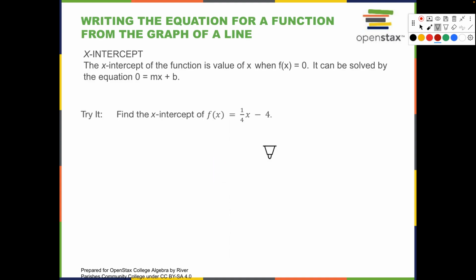Okay, so when they ask us to find an x-intercept, we simply set y equal to 0, and then we're going to have to solve for x. So it's a little easier. The y-intercept is always just hanging out there. It's -4. The x-intercepts we got to work for. So we add 4 to both sides.